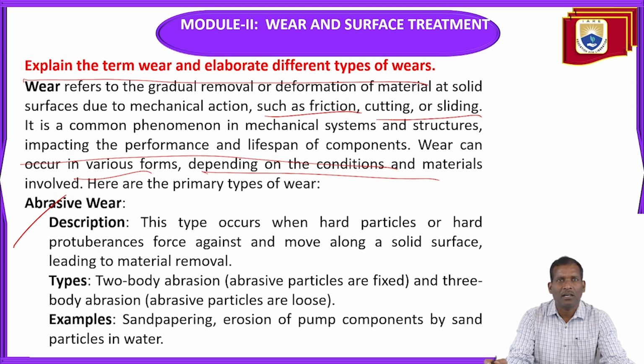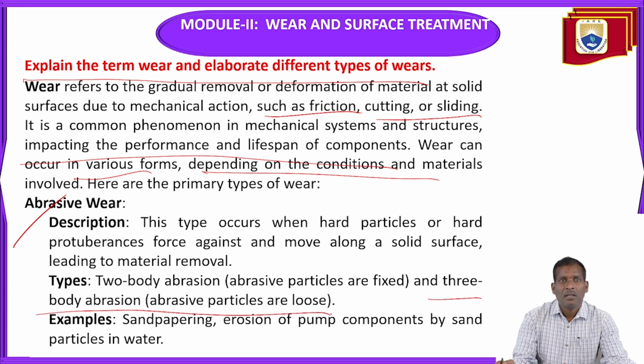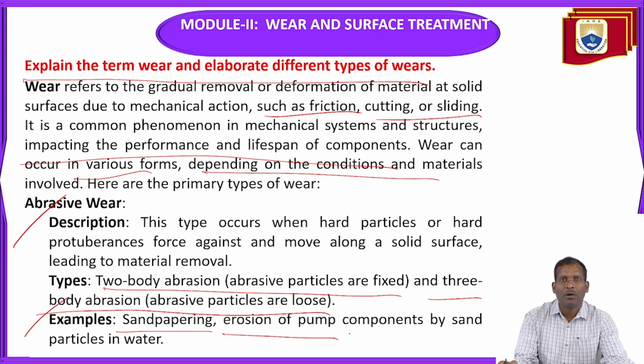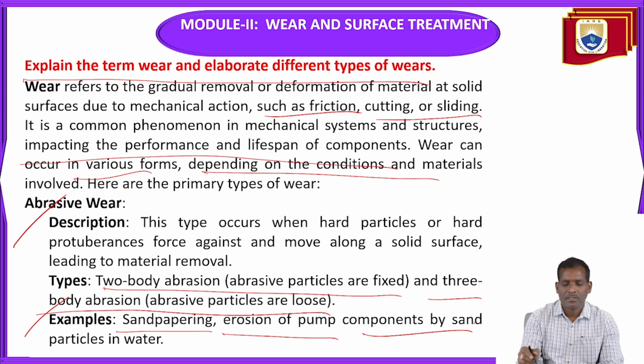The types are two-body abrasion, where the abrasive particles are fixed, and three-body abrasion, where the abrasive particles are loose. Examples: sandpapering, and erosion of pump components by sand particles in water.